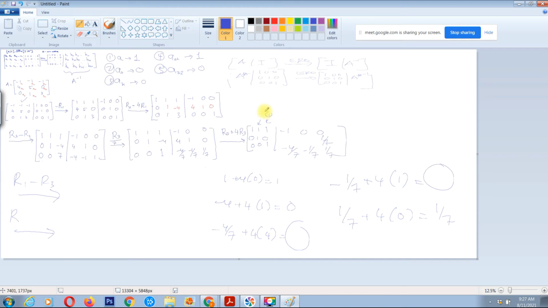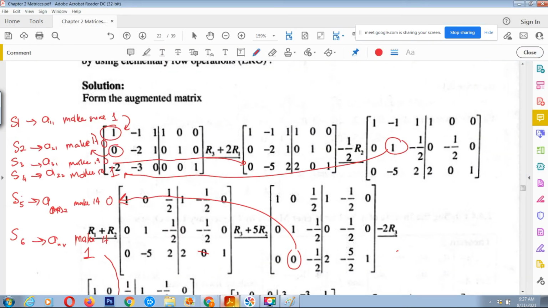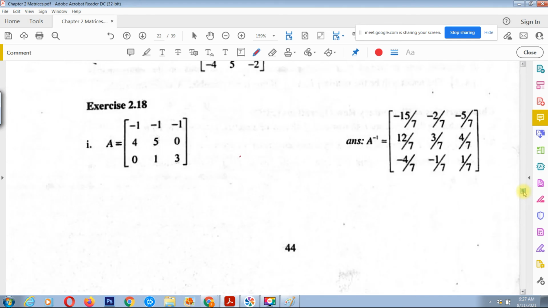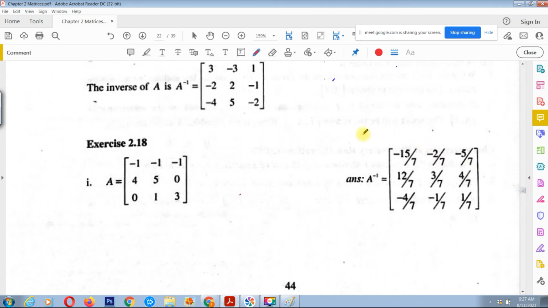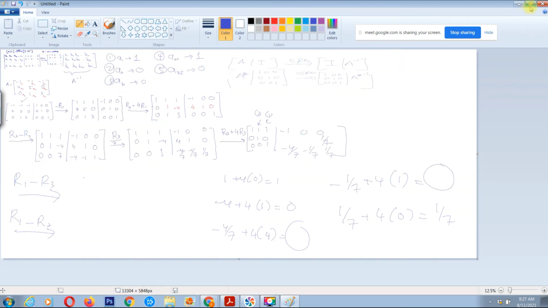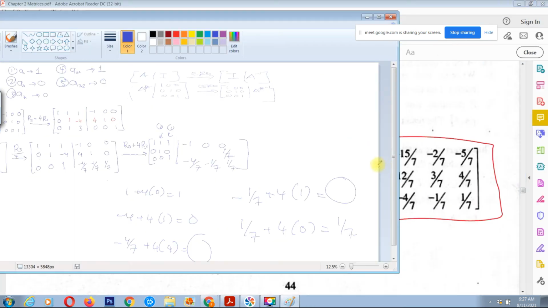This first and then this second. So R1 minus R2, and then you will get the inverse of these matrices here. You will get like this.